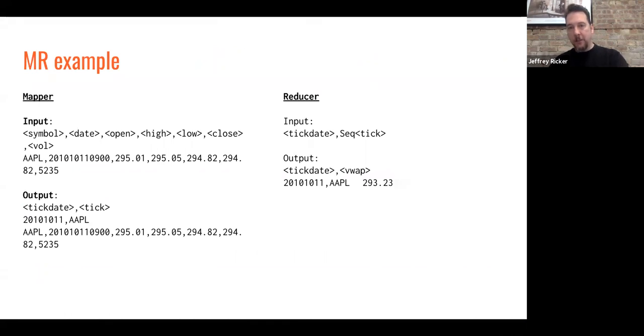And then on the reducer, the input is the tick date and a sequence of all the ticks that had the same tick date, right? That's what the reducer gets. So for a given key, it gets all the values that had that key. And then it can do its work, which is calculate the VWAP, right?